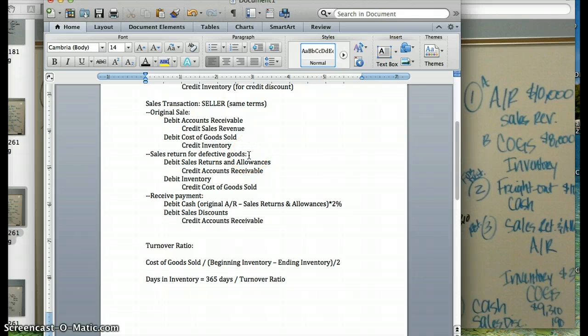For the return, you are debiting sales returns and allowances because it's a contra revenue account. You're debiting it because sales revenue, as you see up here, has a normal credit balance. So you debit sales returns and allowances for whatever the amount was, and then credit accounts receivable, because you're crediting the customer's account since they returned the goods to you. Then you debit your inventory because they sent those goods back to you.